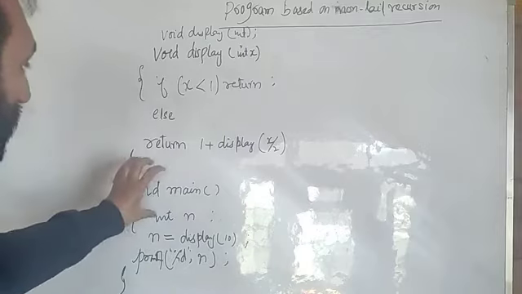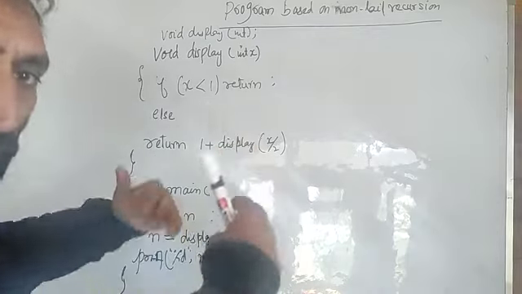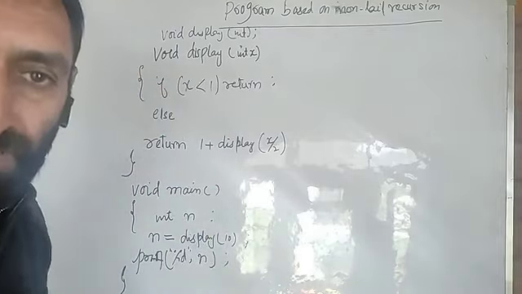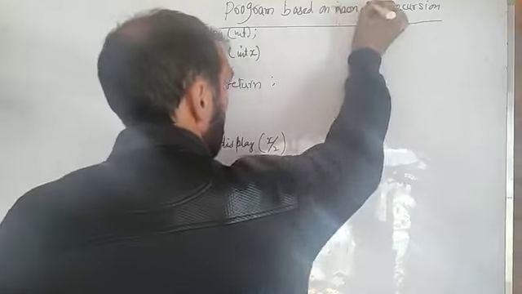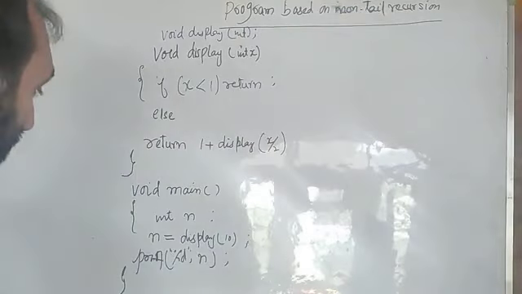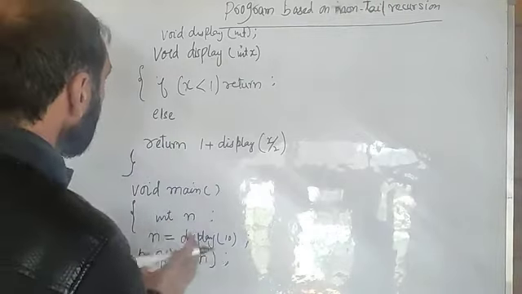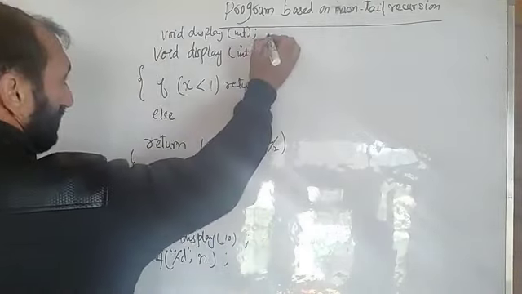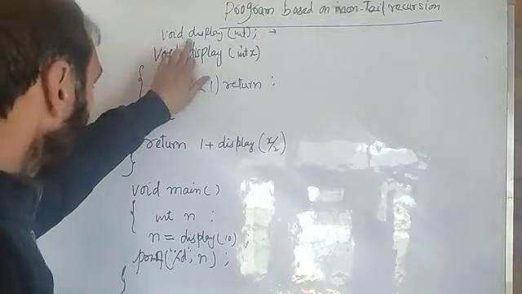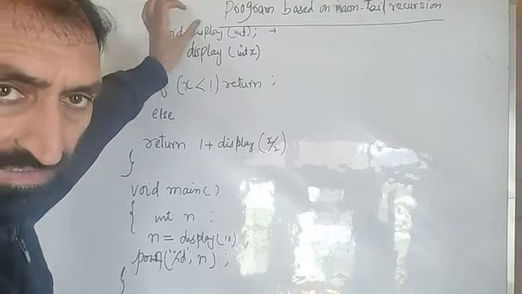With the help of this program, we will discuss the flow of sequence of non-tail recursion. First of all, here I have written a program, and initially a function has been declared.